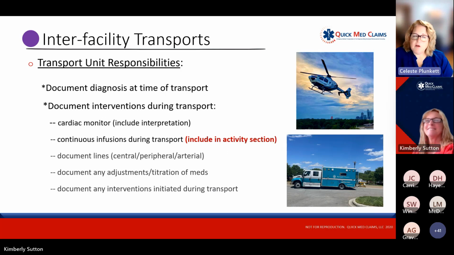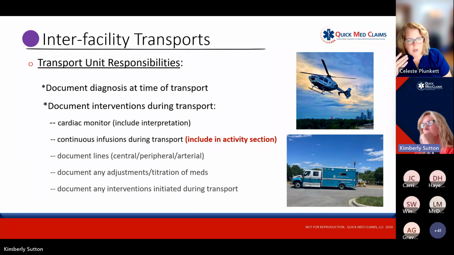All right, so when we talk about the transporting unit, what the crew's responsibilities are, again, diagnosis at the time of transport. What interventions did you do? If you put a cardiac monitor on, make sure you put what the rhythm is. Sounds simple, but we see it all the time that they say monitor applied, there's no rhythm documented. That doesn't count if there's no rhythm. Continuous infusions, make sure that you're putting that also in your activity section.